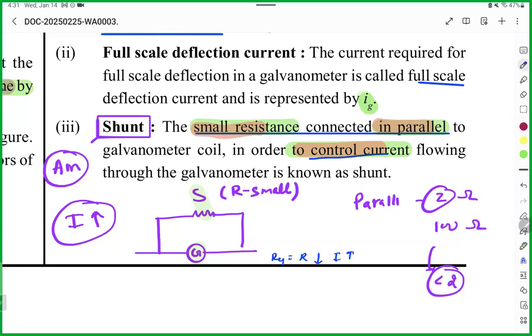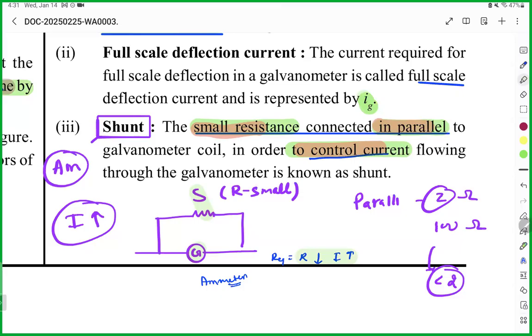That's why when you use this same galvanometer as an ammeter to measure current, you will put the shunt in parallel. Shunt in parallel reduces resistance, increases current, and we want to measure maximum current.